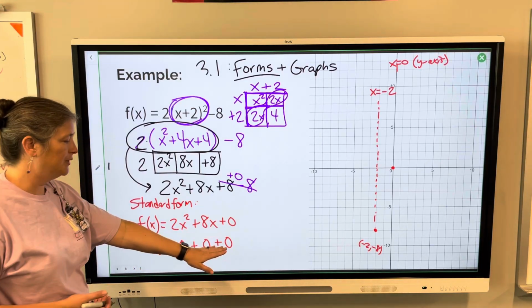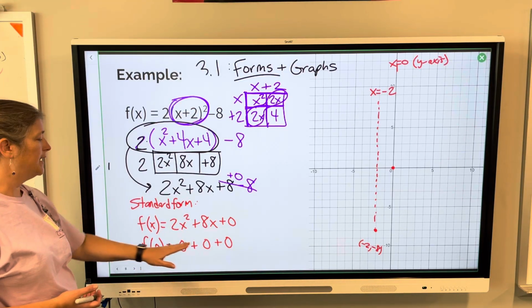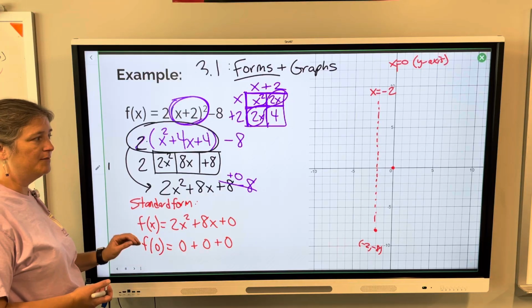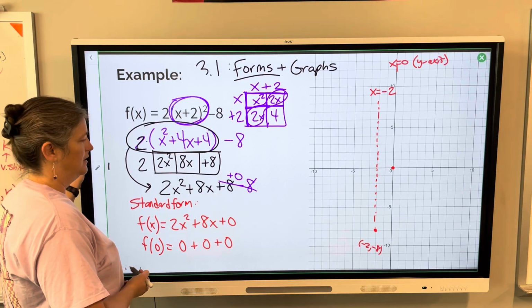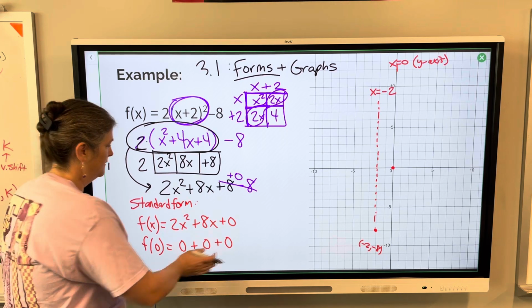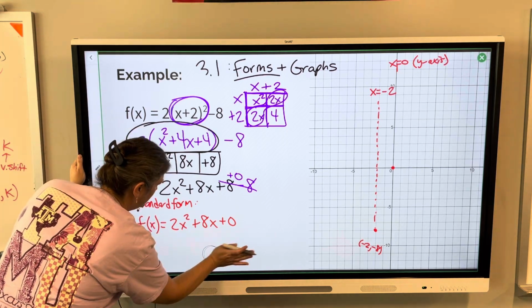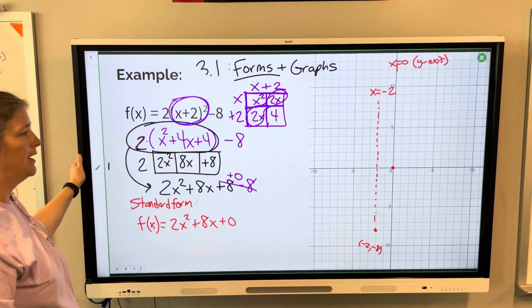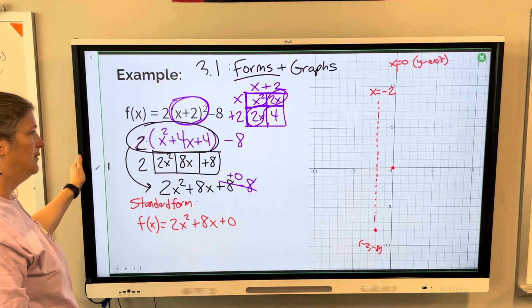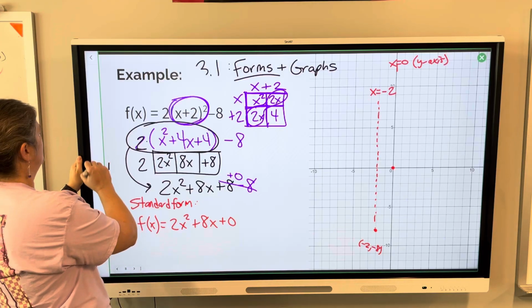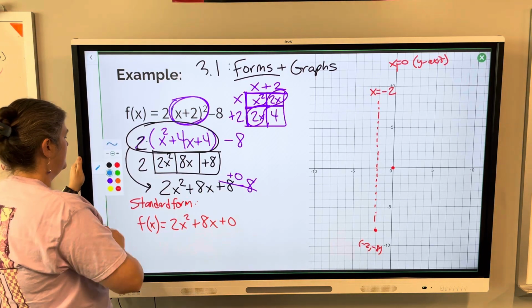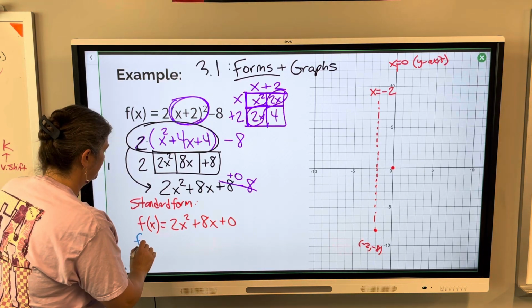It is the output of 0 when I input 0. Every point on the graph is an input-output pair. So that is f of 0, and that's 1 point on the graph. Oh well. Now I'm going to try and find the factored form.